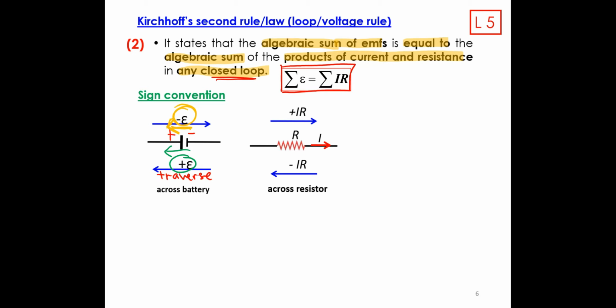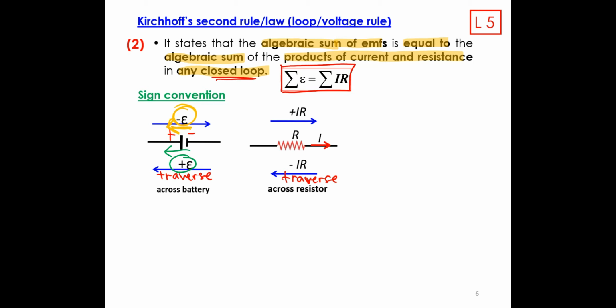Similar with the resistor. For the resistor, the red color represents the direction of current, and blue is the traverse. The blue color is your direction of traverse, which is to the left, from right to left.